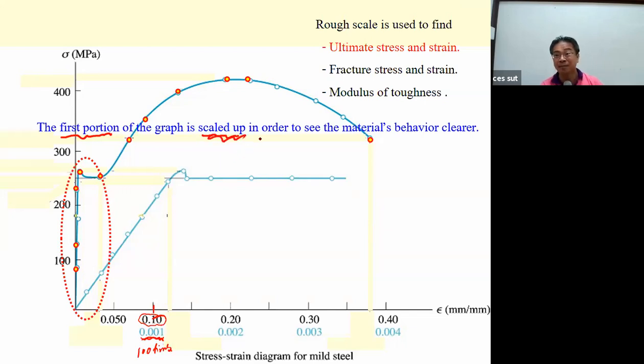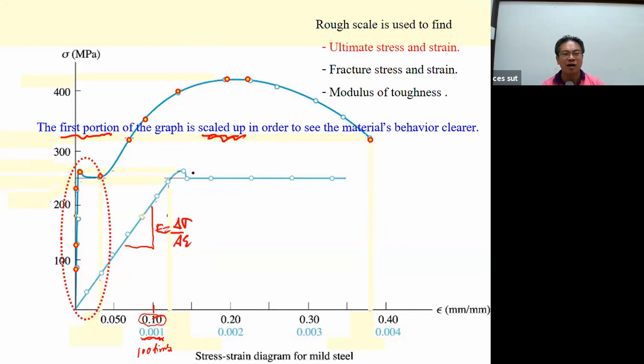Okay. And then the important properties, such as the yielding, you will determine from this graph. If you would like to determine the modulus of elasticity, again, you will determine it from this graph, okay?